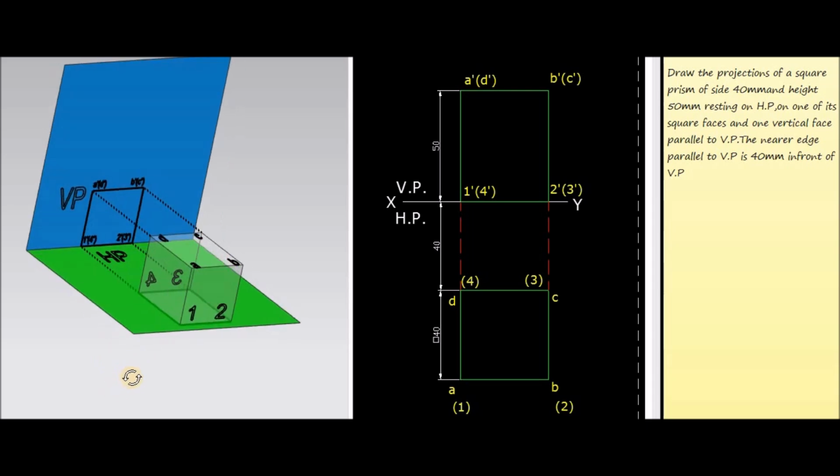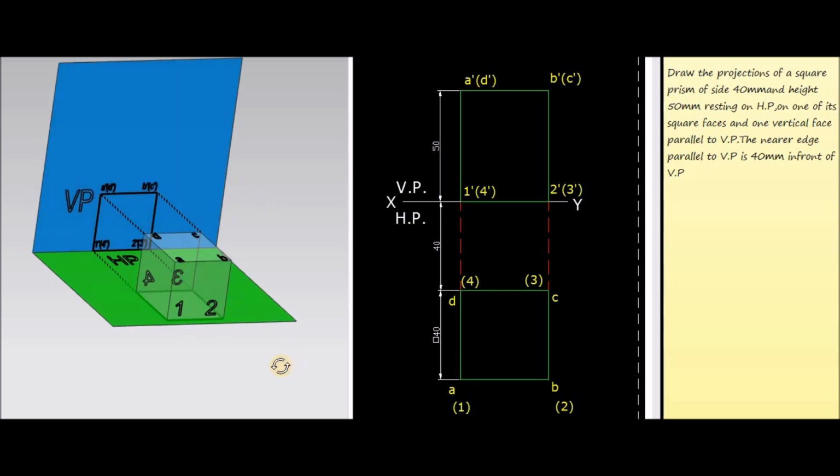Now consider the front view of the square prism. The front view will be obtained in the vertical plane when we are looking along the face 1, 2, B, A. We are looking from this side, and corresponding to this side you will get the front view on the vertical plane.